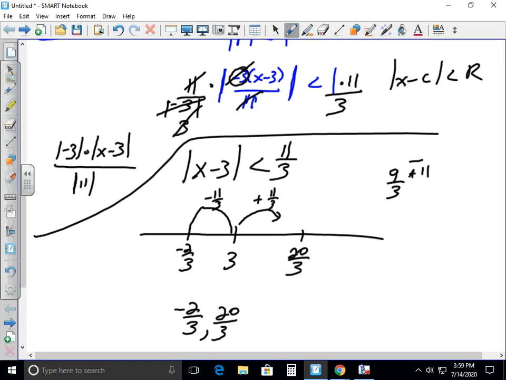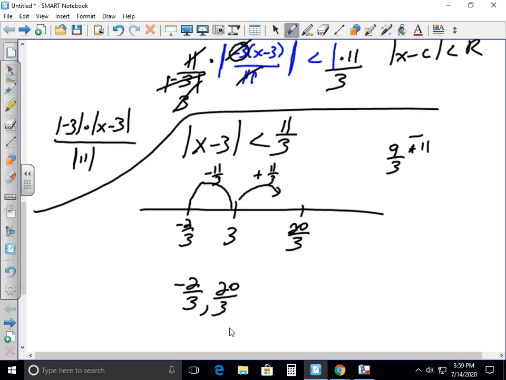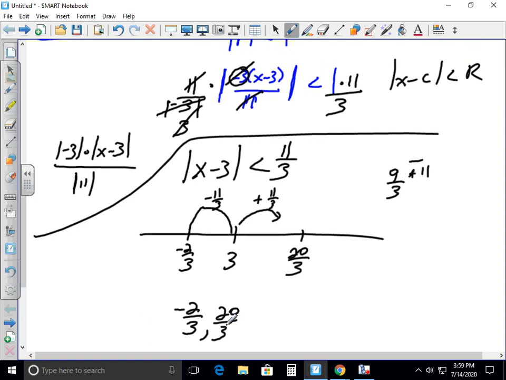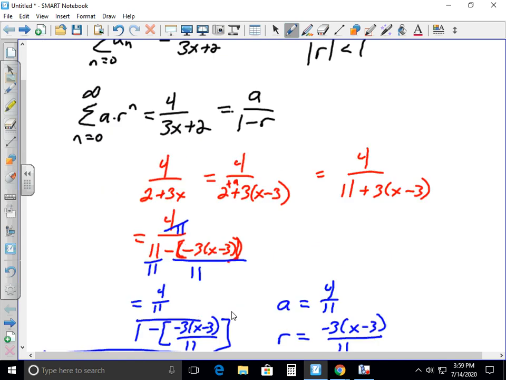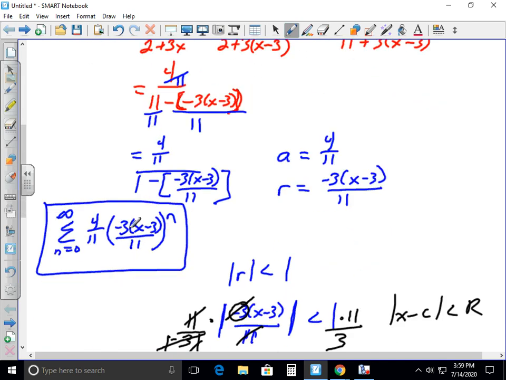The only question is going to be, do we include the edges or do we not include the edges? And recall the way we check that is we put in our series, in place of x, a negative 2 thirds, and we check to see is this going to converge or diverge.